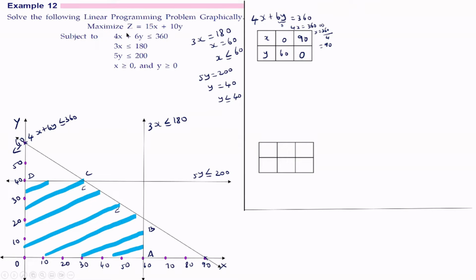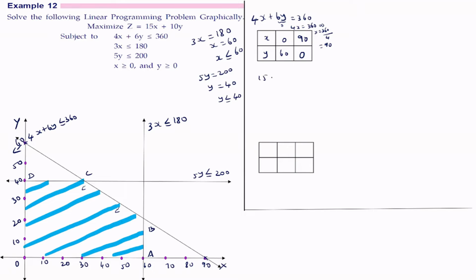So how we can draw these lines is that we have to give an arbitrary value for z. Now how can we find this value? We have to take the LCM of the coefficients of x and y. So here the coefficients of x and y are 15 and 10.